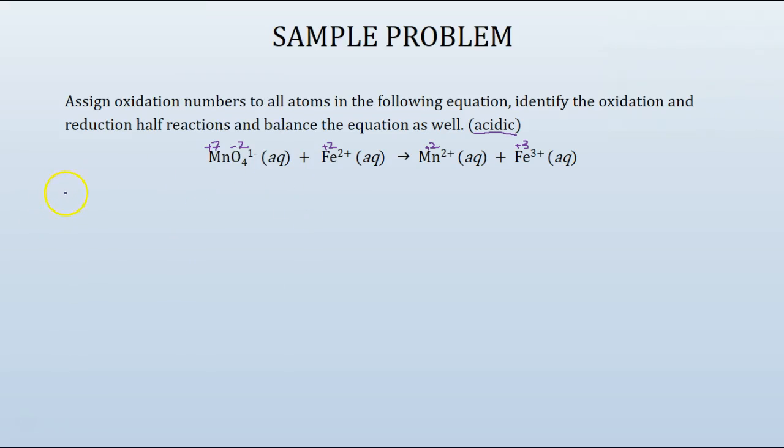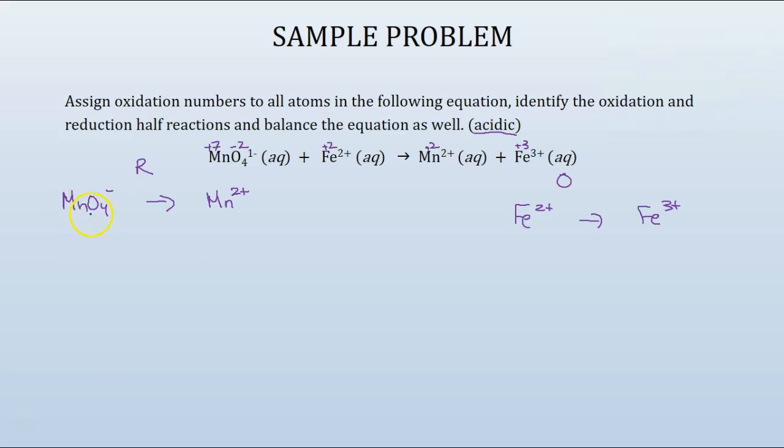Okay, so my reduction reaction is MnO4 minus yields Mn2 plus. That's my reduction half reaction. Okay, my oxidation half reaction I'm going to put over here, and it's Fe2 plus yields Fe3 plus.